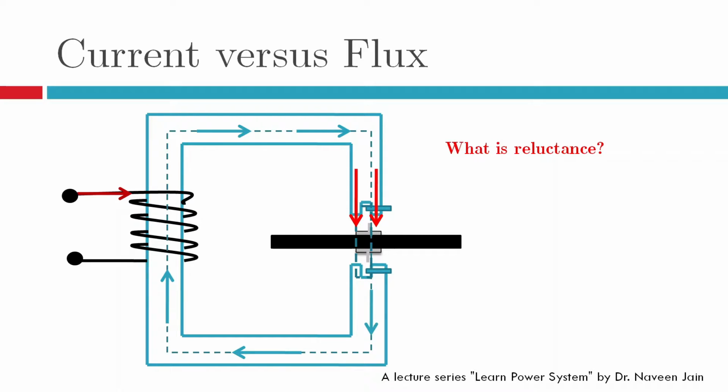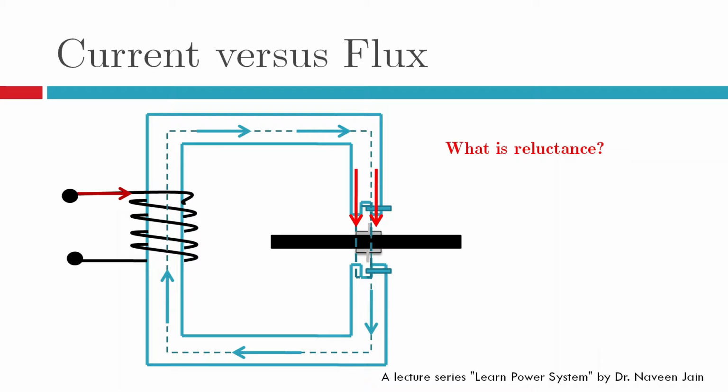Its SI unit is ampere turns per Weber. The reluctance of the magnetic circuit is directly proportional to the length of the conductors and inversely proportional to the cross section area of the conductor. It represents the opposition to the magnetic flux and depends on the geometry and composition of an object.